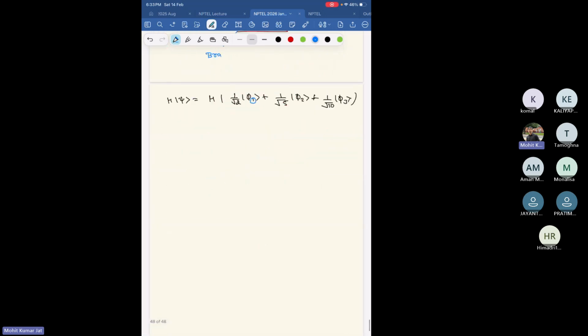So what we get is H psi: 1 square by square root 2 times phi 1 plus 4 by square root of 5 phi 2 plus 9 by root 10 phi 3.